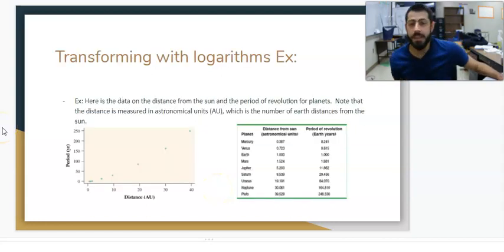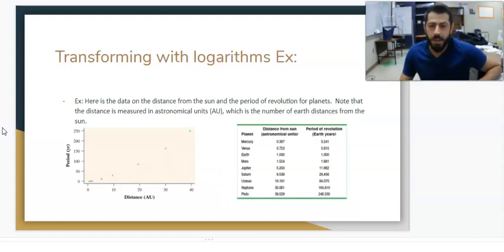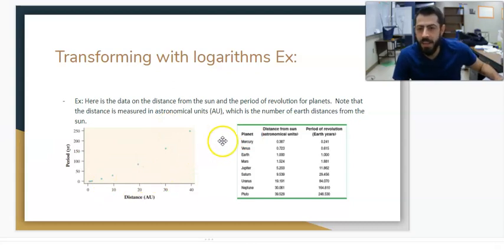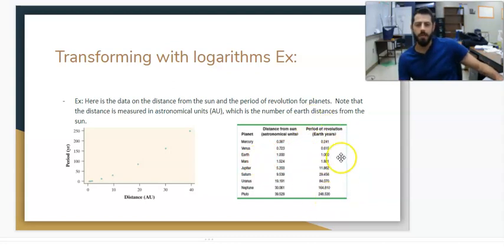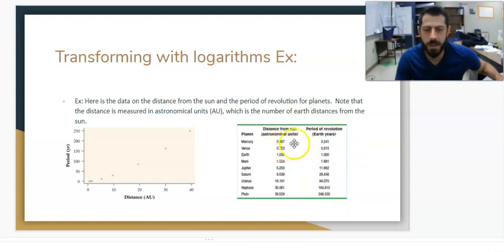So here's an example, right? This is an example of something that is non-linear. We have the data on the distance from the sun the different planets are, and then how long it takes for that planet to circle the sun. So we see Mercury is very close to the sun, and it makes its trip around the sun every quarter of a year, right?